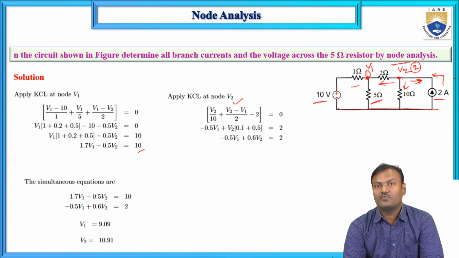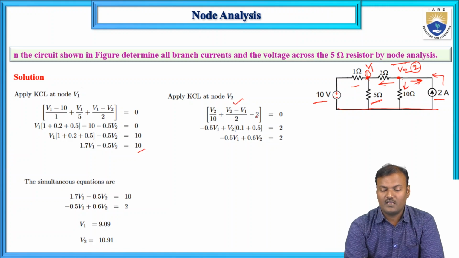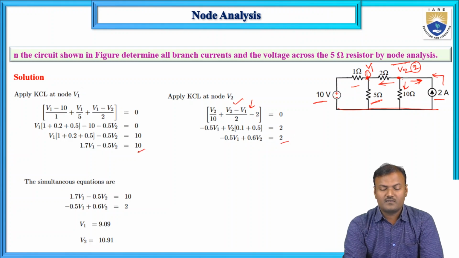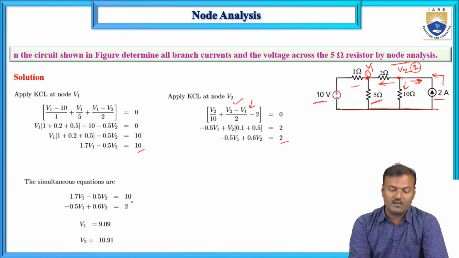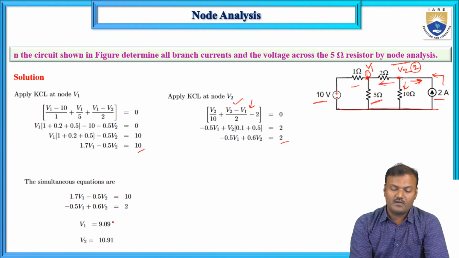So we need to replace that number with a negative sign, that is minus 2, equal to 0. So the equation comes to be minus 0.5 V1 plus 0.6 V2 minus 2 equals 0. So two equations with two variables, V1 and V2. By solving these equations, we will get V1 as 9.09 volts and V2 as 10.91 volts.